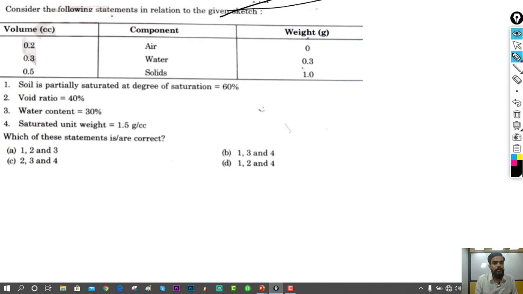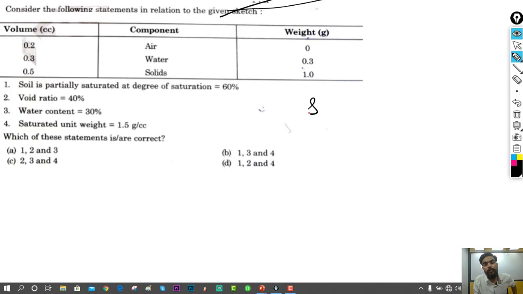Yes, what we have to do in this question is find these values. We are given the volume of air, volume of water, volume of solids, and also the weight of air, weight of water, and weight of solid. In the first point, we have to check that the soil is partially saturated at a degree of saturation of 60%.